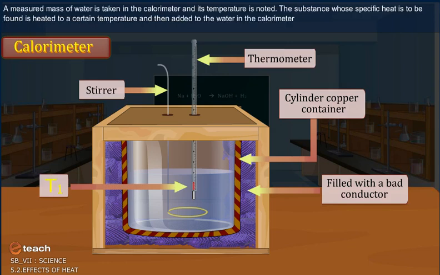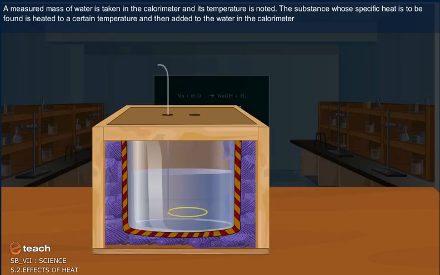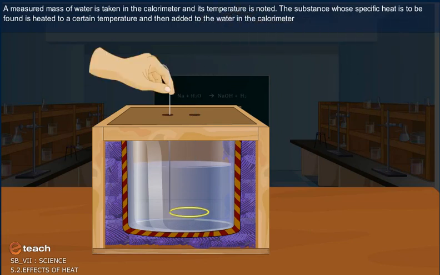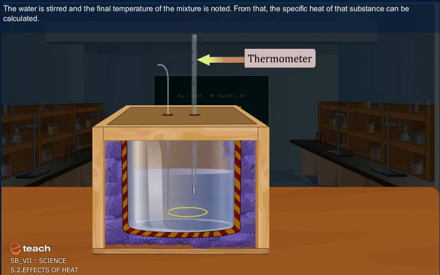A measured mass of water is taken in the calorimeter and its temperature is noted. The substance whose specific heat is to be found is heated to a certain temperature and then added to the water in the calorimeter. The water is stirred and the final temperature of the mixture is noted. From that, the specific heat of that substance can be calculated.